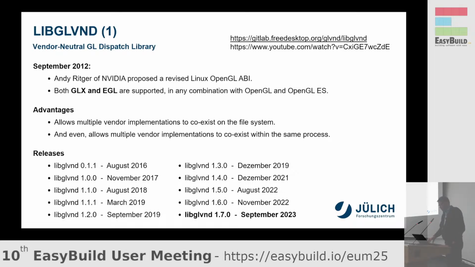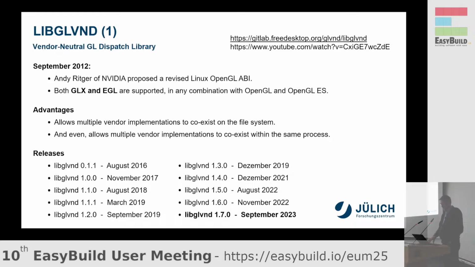That's a big advantage, and as you can see from the releases, it's not something bleeding edge. At least I would not call it bleeding edge anymore. I think it's standard in all Linux distributions, and it's continuously developed.